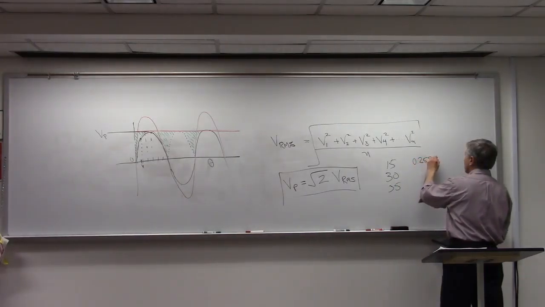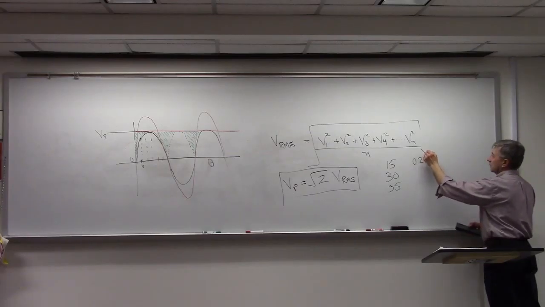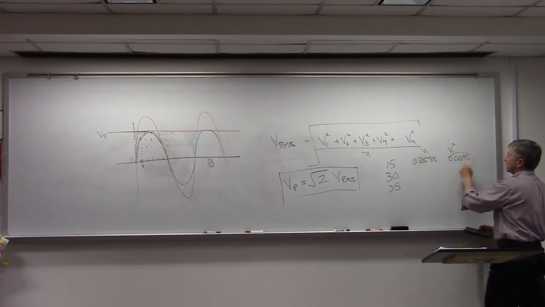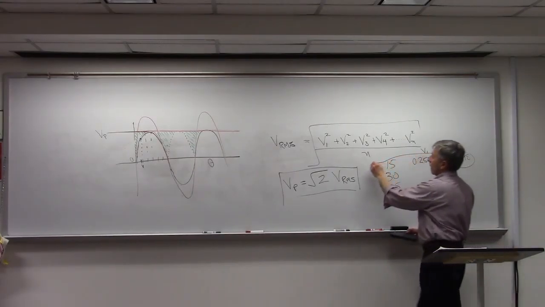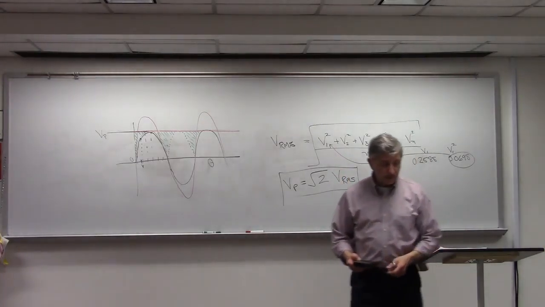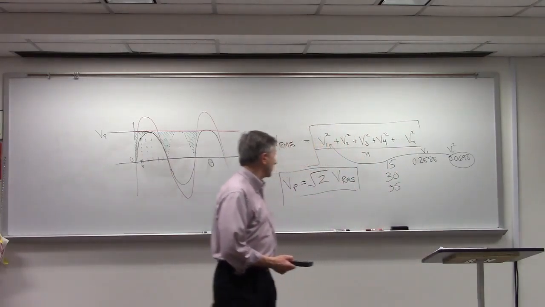So that's your first point. Then you're going to square that, and you get 0.0698. And then that's the number that you put in here, 0.0698, okay? Second angle, 30 degrees. Third angle, 45 degrees, and so on and so forth.